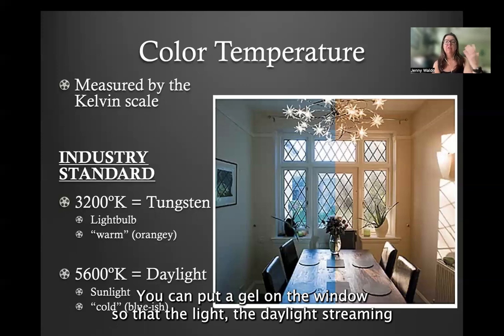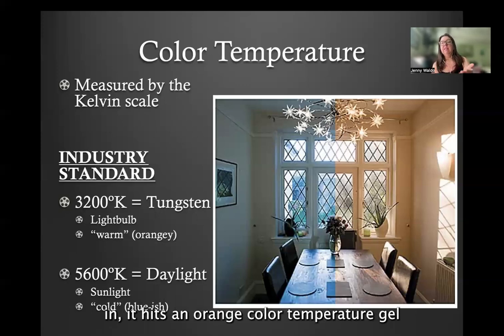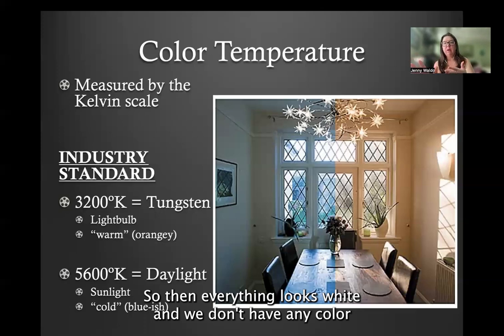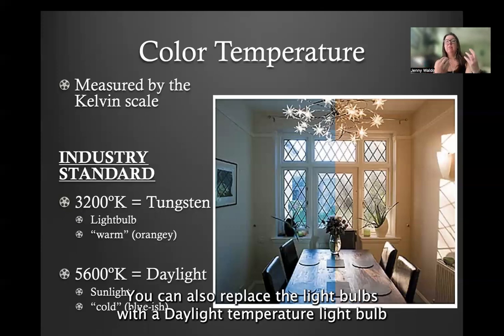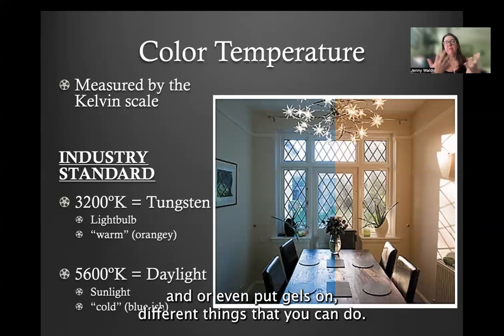You can put a gel on the window so that the daylight streaming in hits an orange color temperature gel and then has an orangey look to it. Then everything looks white and we don't have any color in the lighting at all. Vice versa, you can also replace the light bulbs with a daylight temperature light bulb, or even put gels, or different things that you can do.